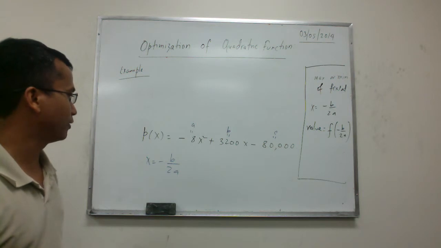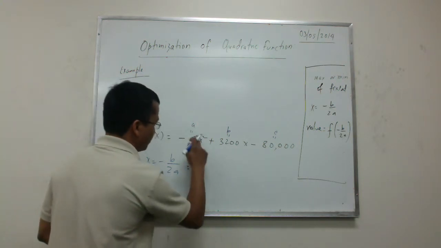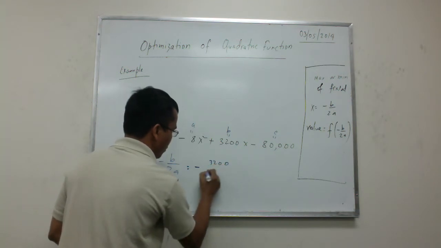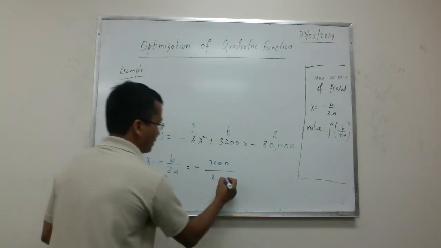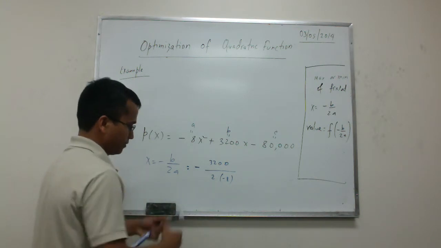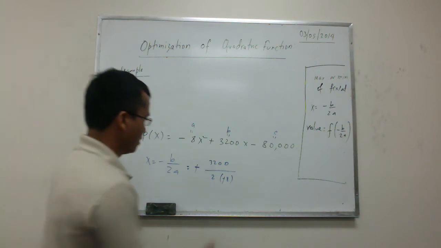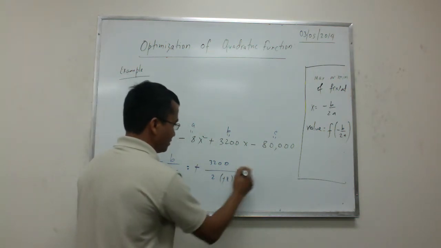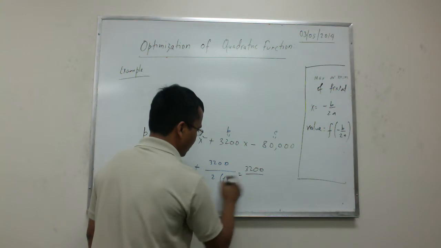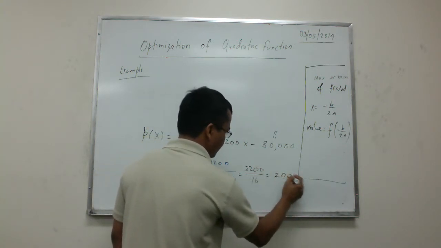So just plug the values of b and a in: it would be negative b, which is 3200, over 2 times a, which is negative 8. You can cancel this negative and this negative, so it would now be positive. Now just divide 3200 by 8 times 2, which is 16. It would be 200.